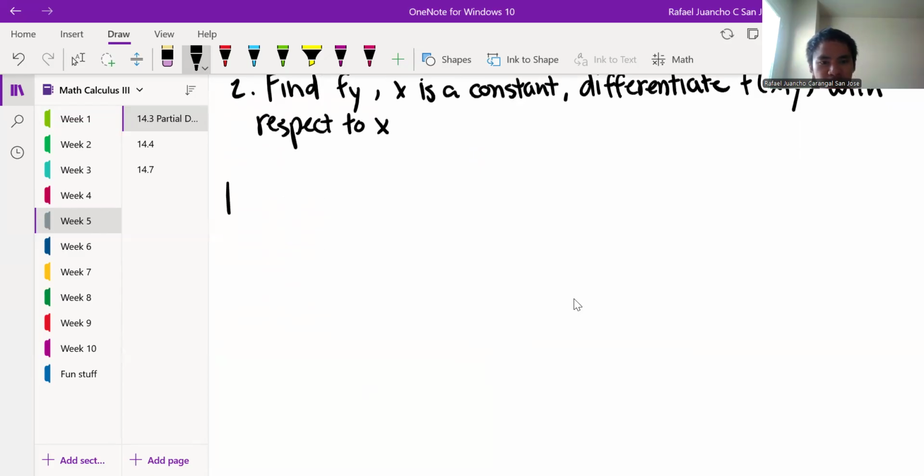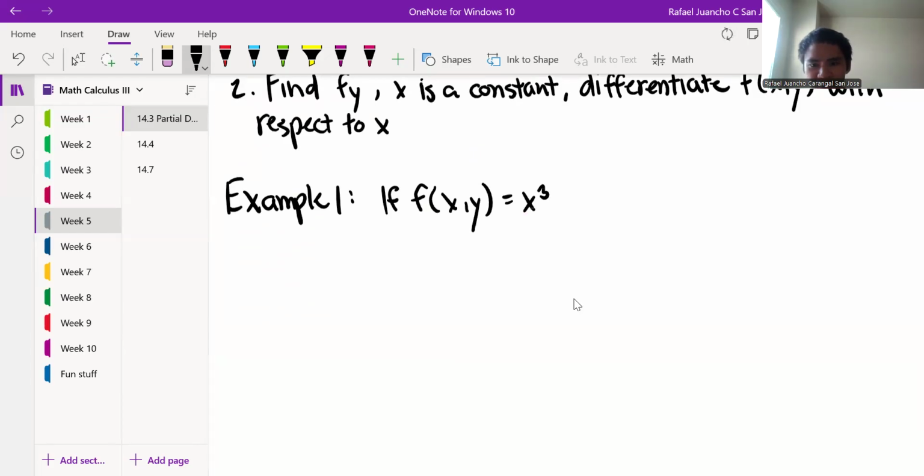Okay. Example. Let's say f of x, y is equal to this function, x cubed plus x squared y squared minus 2y squared.